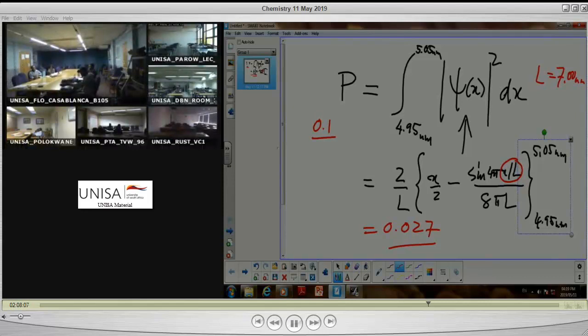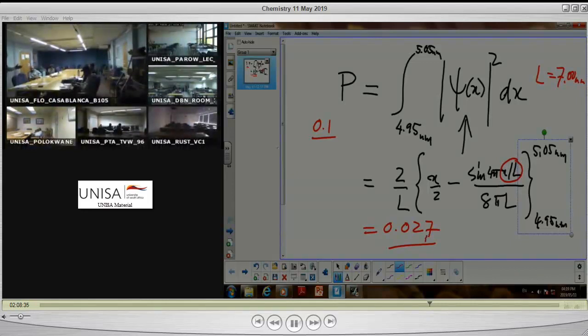It's 2.7%, the probability. 2.7%. But it is understandable because we are looking just at 0.10 nanometers when we have got a length of 7 nanometers. So the probability we're looking at is very small.